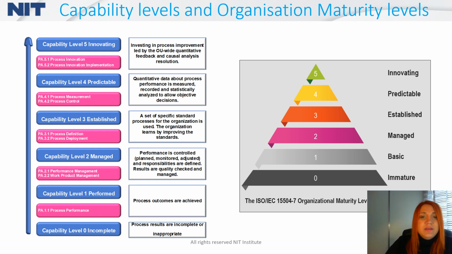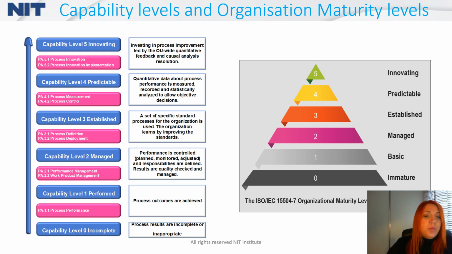For example, on the highest level, you have something which is called innovative. And on the lowest level, you have the level which is called performing. Each of these levels, of course, because capability level 0 is not a level for sure, has some process attributes.